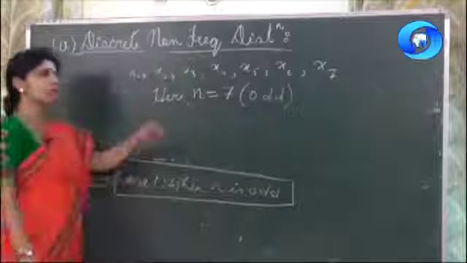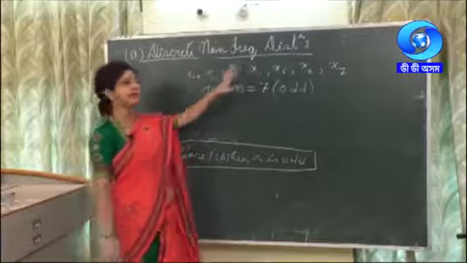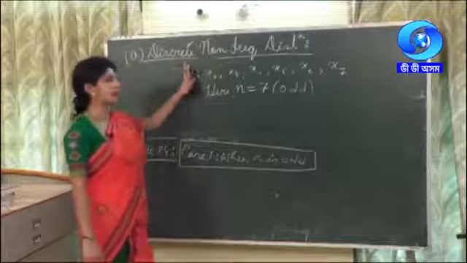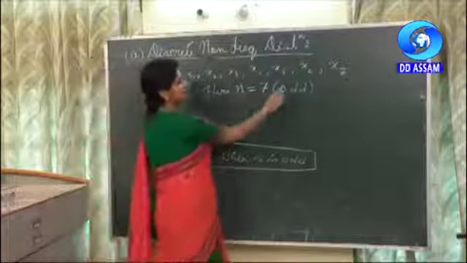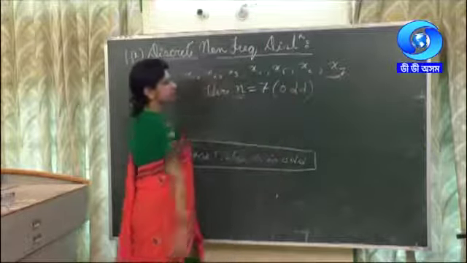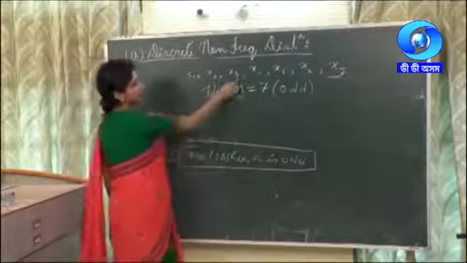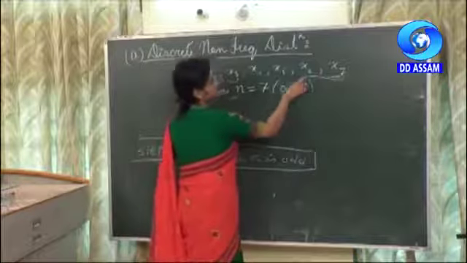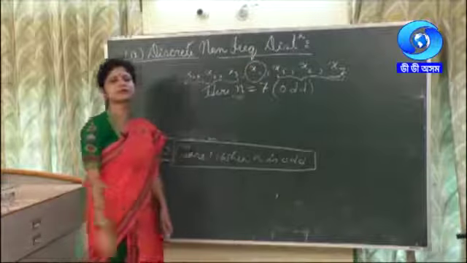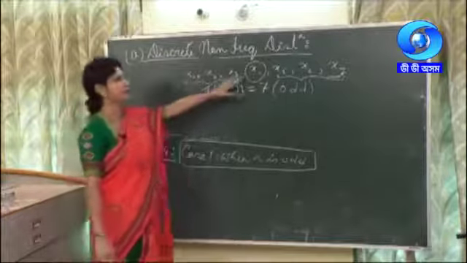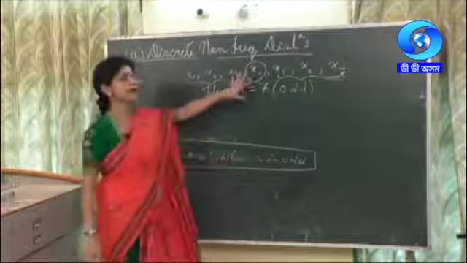We have already done the first step: x1 to x7 are arranged in order of magnitude. There are 7 observations, an odd number. Which will be our middle value? If we leave out 3 from below and 3 from above, x4 is the median value. Value of x4 will be median.